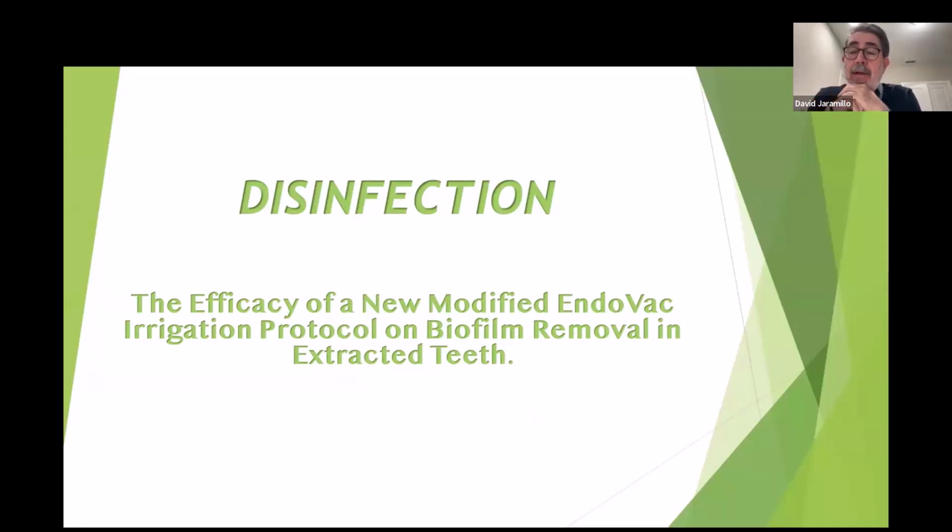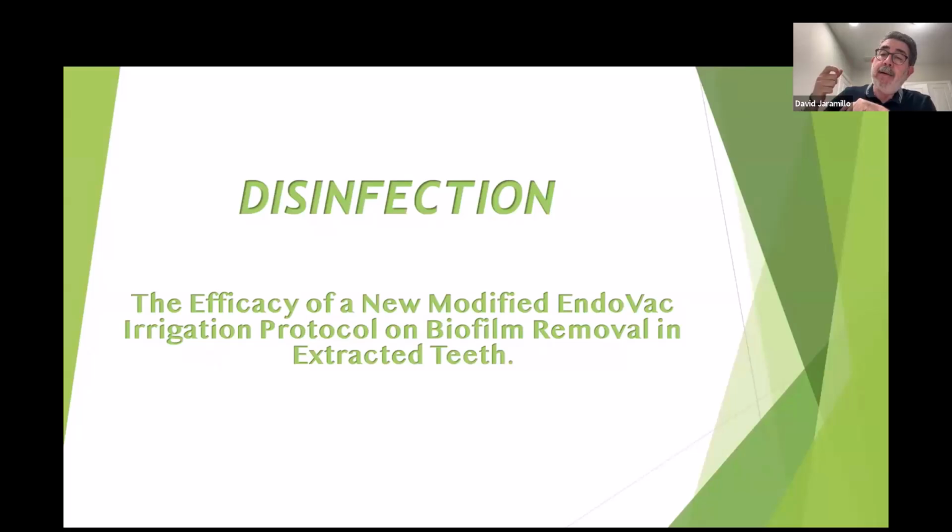One is the macro cannula, and the other one is the micro cannula. This micro cannula is equivalent to a size number 35 00, and at the tip of the cannula, it has micro holes that are responsible for sucking out the irrigant from inside the root canal.